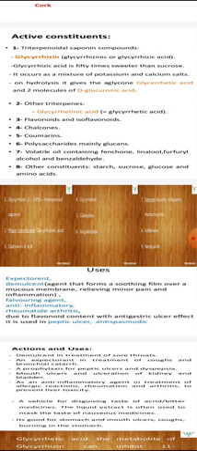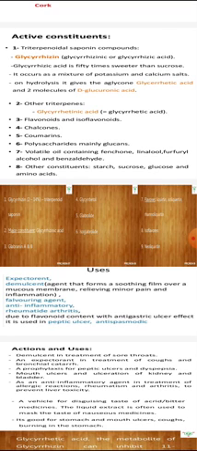Then it occurs as a mixture of potassium and calcium salts, and on hydrolysis it gives the glycone, that is the glycyrrhetinic acid, and two molecules of D-glucuronic acid. Two other triterpenes are present. Glycyrrhetinic acid is there, flavonoids and isoflavonoids, then chalcones or coumarins, then polysaccharides mainly glucans, and volatile oil containing fenchone, linalool, furfuryl alcohol and benzaldehyde.